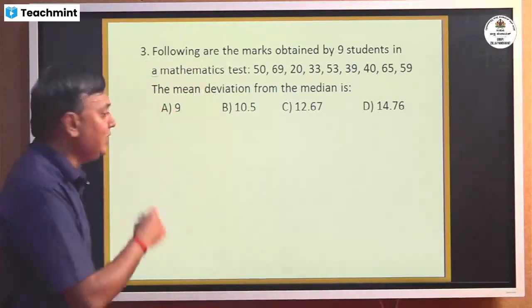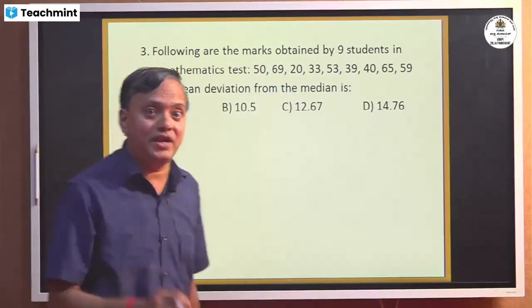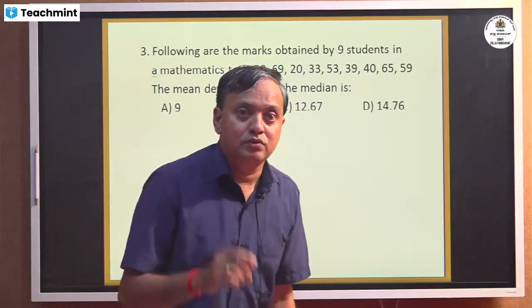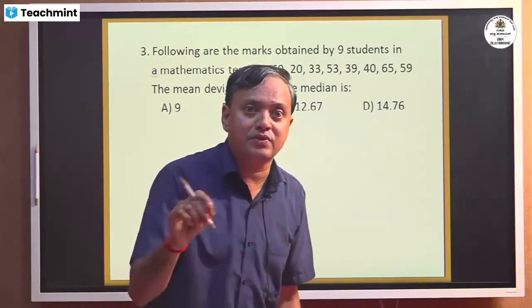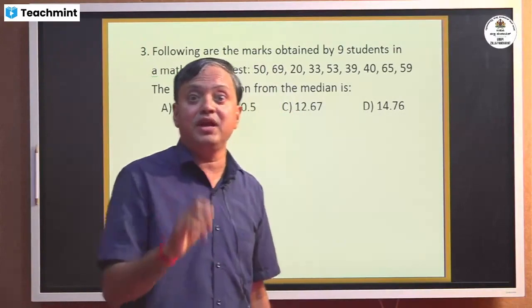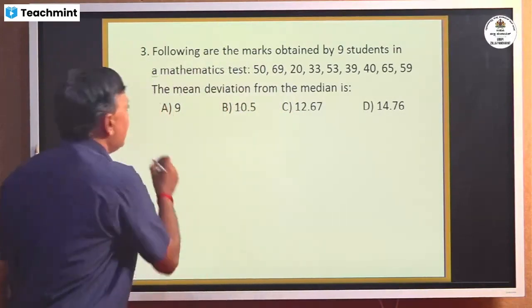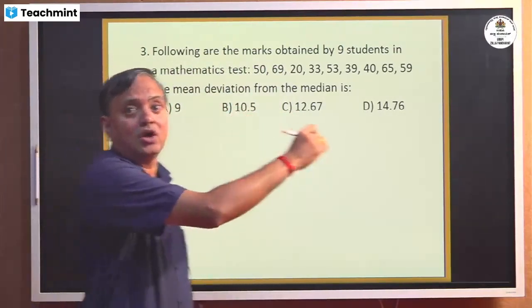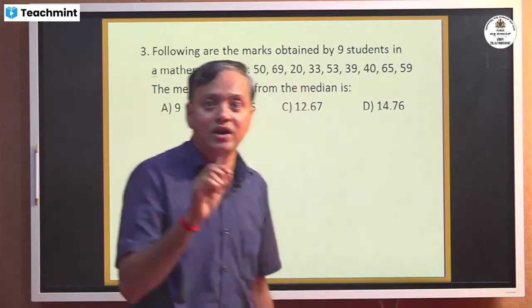So first find the median. To find the median, we know that in the mean it is the sum of the observations by the number of observations, but in the median, we have to write the observations either in ascending or descending order.